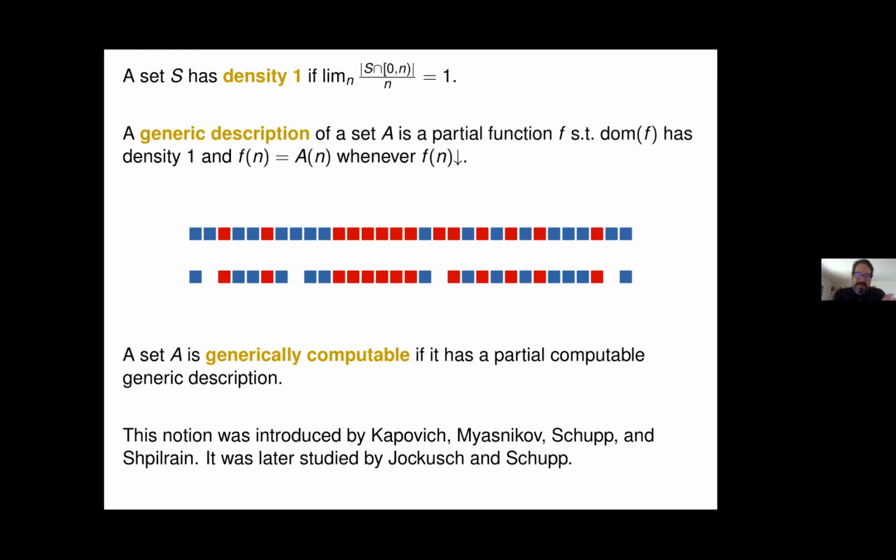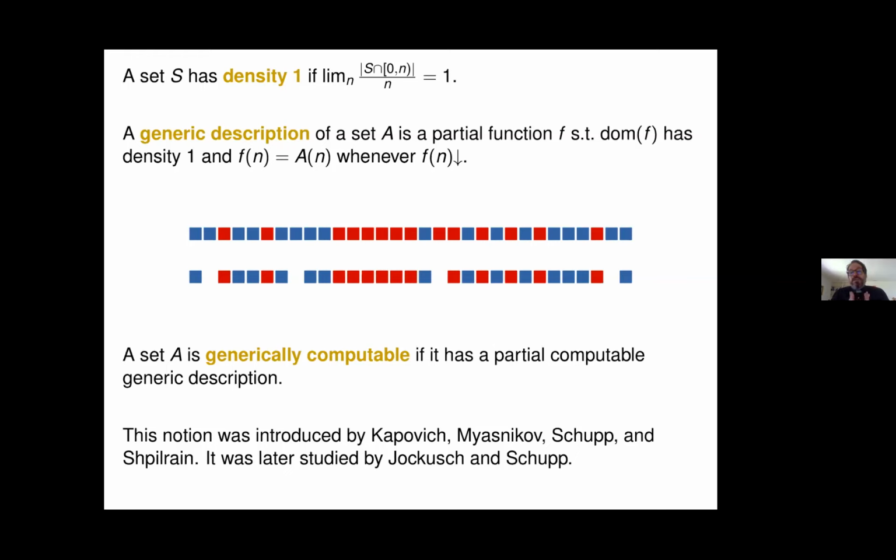So on a set of density 1, you might have a very easy algorithm, and they want to capture this idea. There is a notion of average case complexity, but it's famously unwieldy. And so they introduce a notion of generic case complexity, and then also generic computability. And then later, Jockusch and Schupp started looking at this from a computability theoretic point of view, and it's generated quite a bit of work, some of which, but certainly not all of it, I'll talk about today.